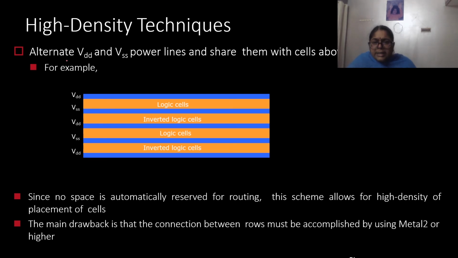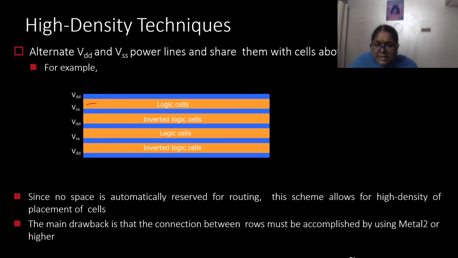Now the high density technique: if you want to actually have a larger number of cells, alternate VDD VSS power lines are shared with the cells above and below. Previously you saw that for every row of cells you have a separate VDD and VSS, but here these power lines are shared by the cells.